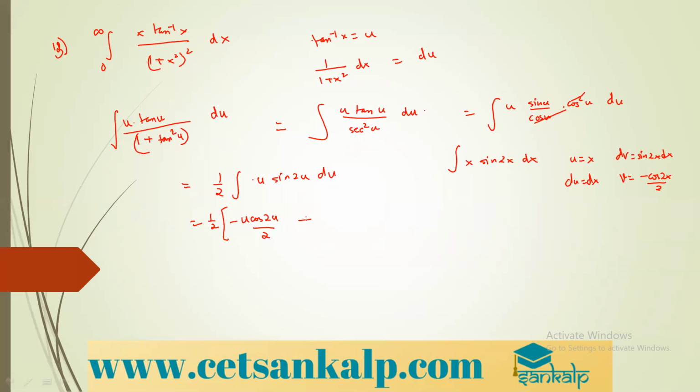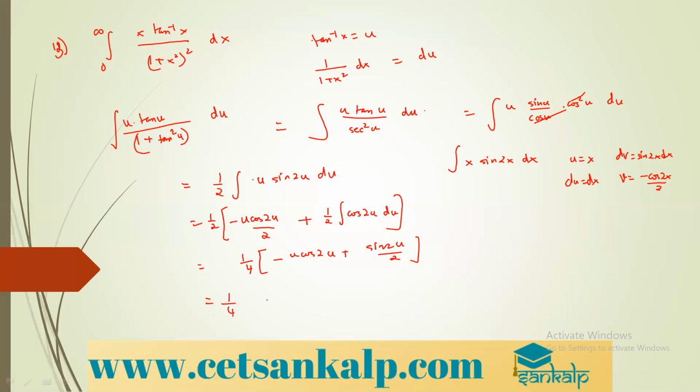Then minus, which will become plus 1 by 2 integral cos 2u du, using integration by parts. I'll take just 1 by 4 outside, that would be easier. If I take 1 by 4, I will have minus u cos 2u plus sine 2u by 2 after integral.